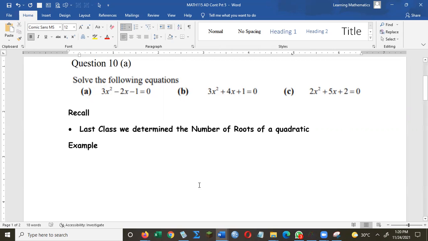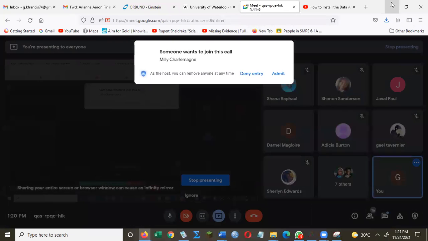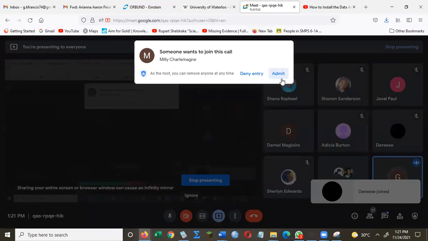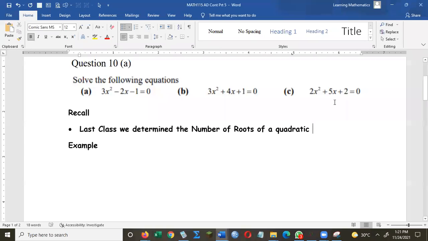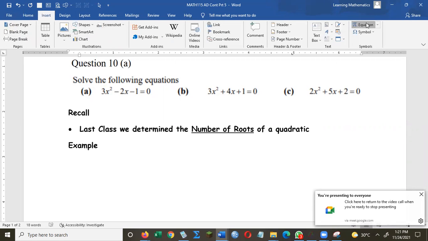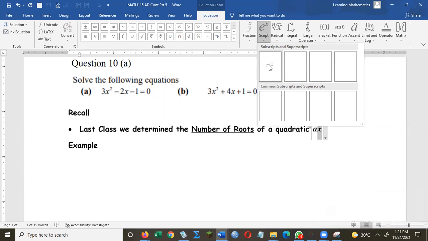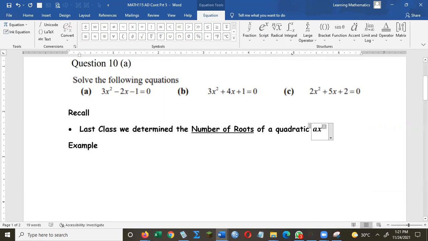And just a reminder of what a quadratic looks like. I'm going to mention the word determinant, but it's not the determinant we determined last class. We determined the number of roots of a quadratic. The general form of a quadratic is ax squared plus bx plus c.